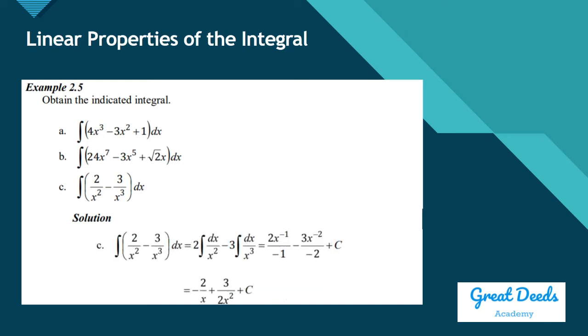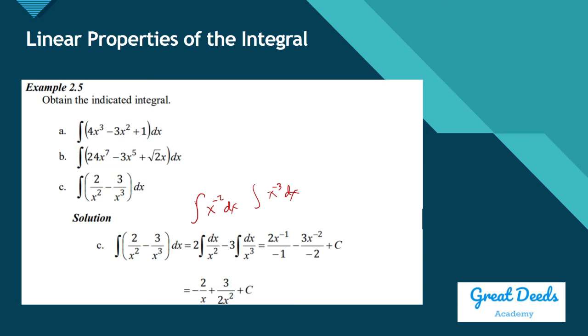What is the integral of 2 over x squared minus 3 over x cubed? Again, the linear properties. What you will do here is write this as the integral of x raised to negative 2 dx, and this one you can write as the integral of x raised to negative 3 dx.